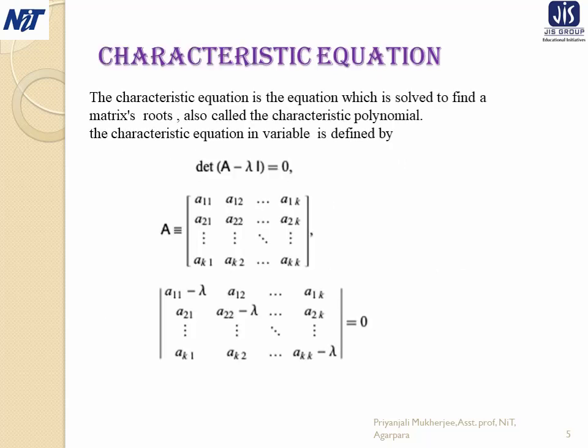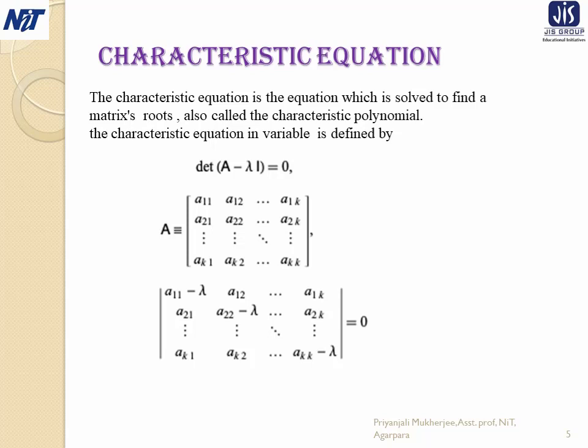So first is the characteristic equation. The characteristic equation or the characteristic polynomial is the equation which is solved to find the roots of the system. The characteristic equation in a variable can be determined as determinant of A minus lambda I equal to 0.